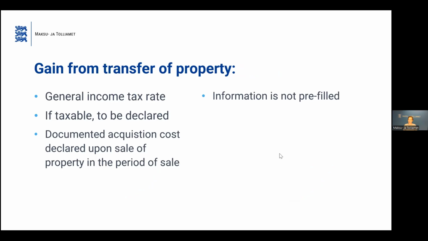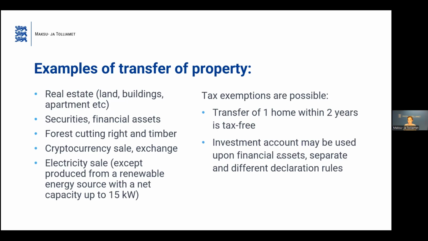And the acquisition cost should be declared in the period of sale of the property, not when you paid for the purchase of the property. When you receive income, then in the same period you should fill in the acquisition cost if you have documents about it and if this cost is directly related to the property. And that kind of information is not pre-filled in your tax return online.